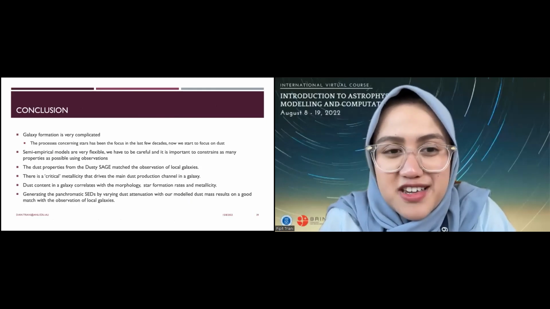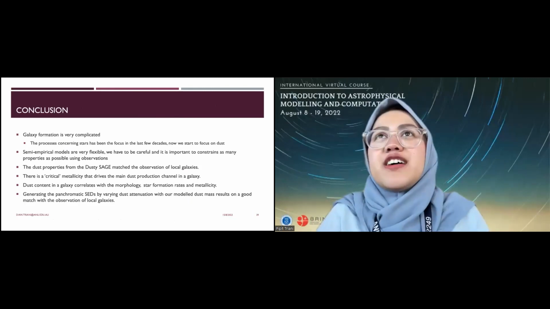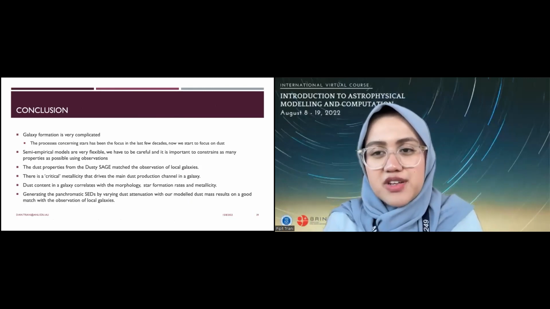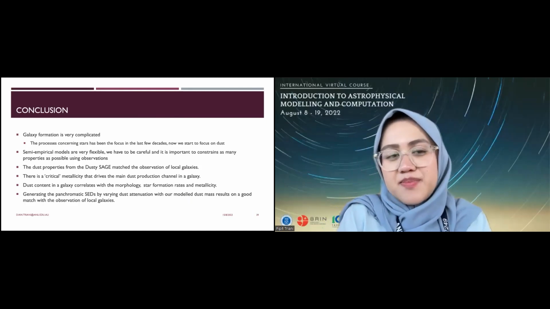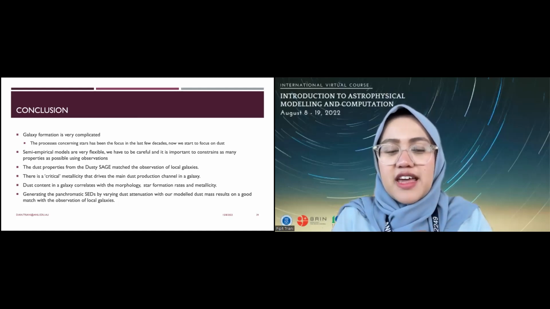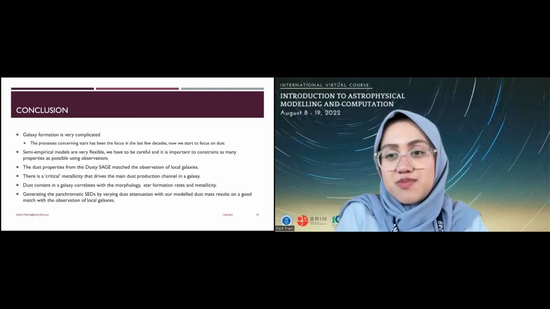And now I come to my conclusion: we have now covered all of the processes for galaxy formation, from the gas to stars and the dust. It all has interplay between the components. In the last 2 decades, the processes concerning stars have been the focus.